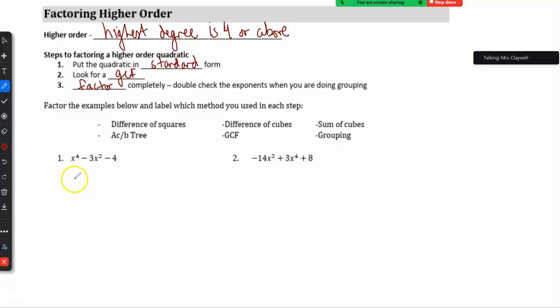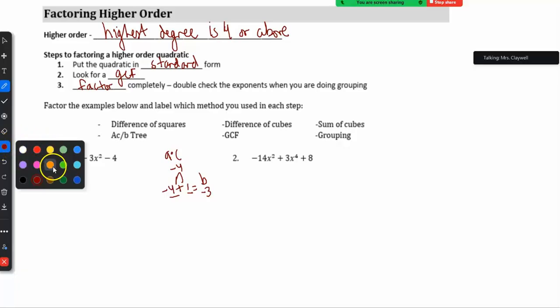If I look at number 1, I don't see GCF. It's in standard form. I see 3 terms. Look at my front page. When I see 3 terms, I use an ACB tree. So A times C is -4. My B is -3, so I'm going to do -4 and +1.